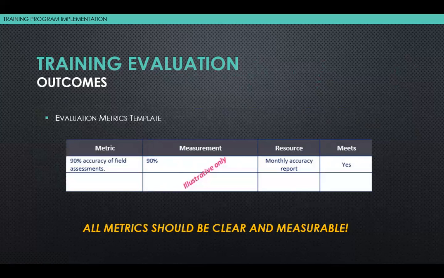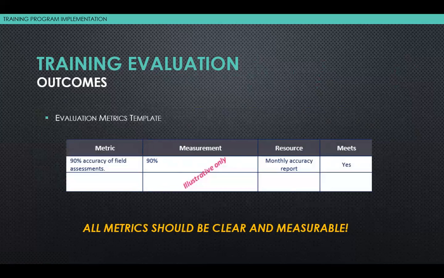In the monthly report, that data is pulled in and a percentage is given. And when that percentage falls under 90% for those that are newly added in the field, this points to a potential training issue. The report can be used as a trigger to identify a possible issue at training.